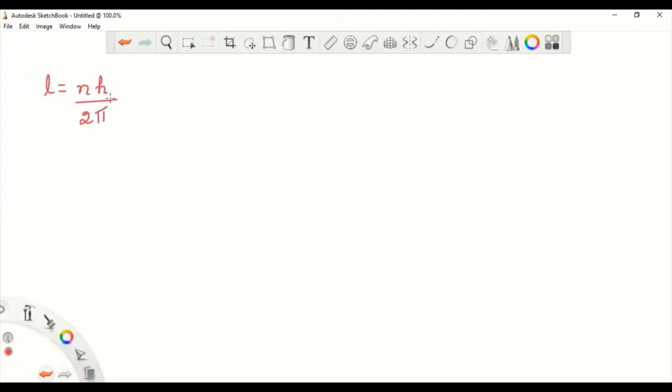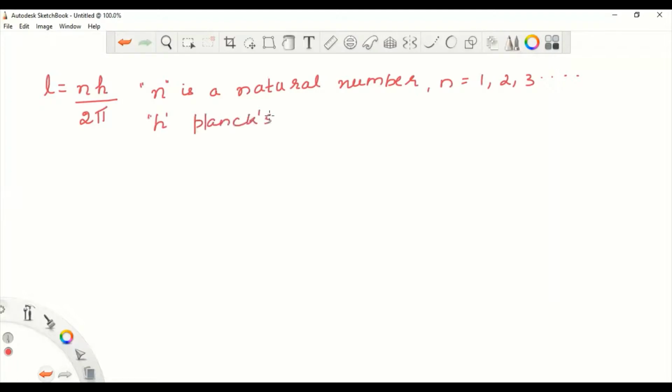What is h? h is the Planck's constant, and n is a natural number: n is equal to 1, 2, 3, and so on.